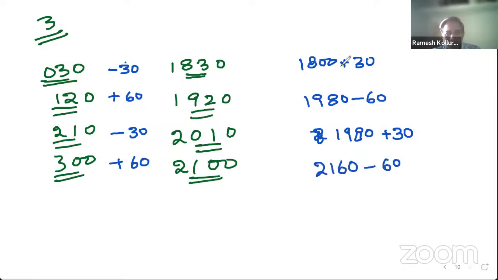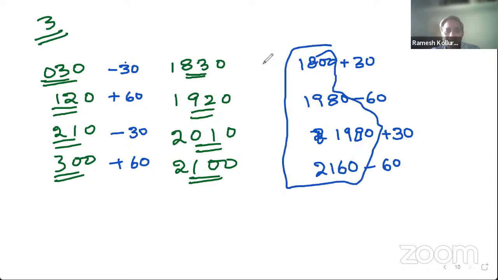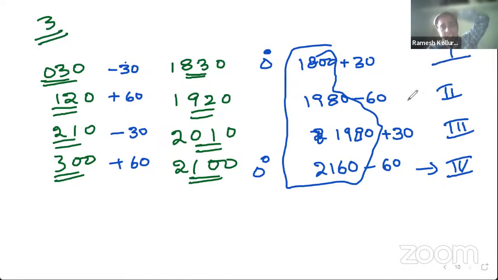So don't worry about these big numbers and all. So forget about this. So this means 0 degrees. This means 0 degrees. So 0 minus 60. This is fourth quadrant. This is third quadrant. This is second quadrant. This is first quadrant. How am I deciding that?